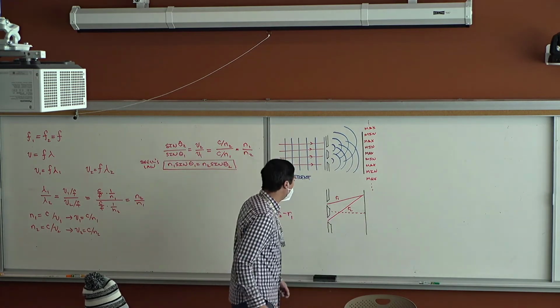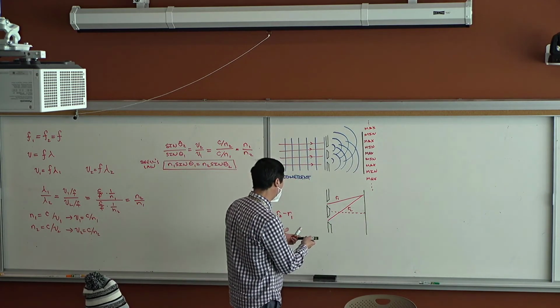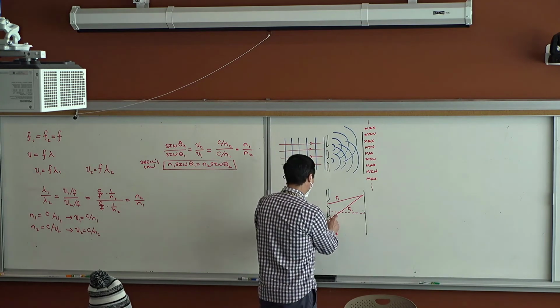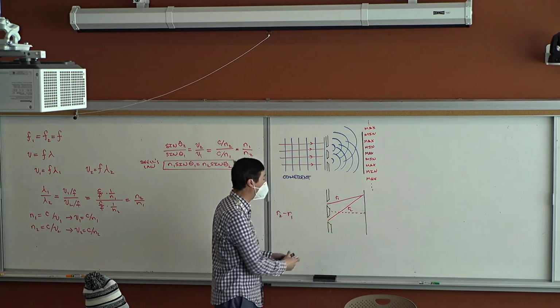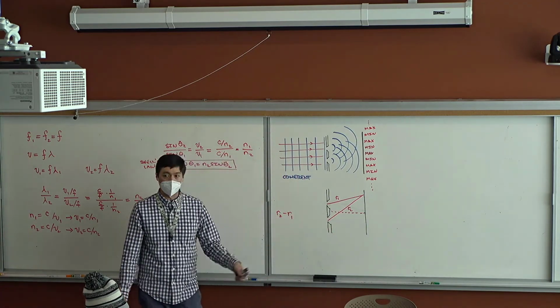So we could imagine that one of these is just traveling some extra path length, R2 minus R1.